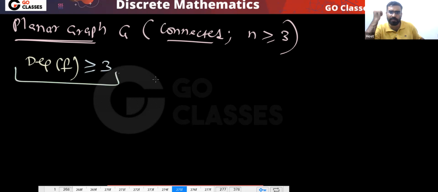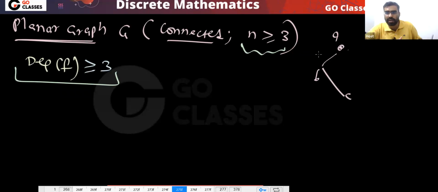Yes, because you have at least three vertices, like A, B, C, and this is a connected graph. Whatever you do, you cannot get a face of degree 2 in a connected planar graph where the number of vertices is greater than or equal to 3.